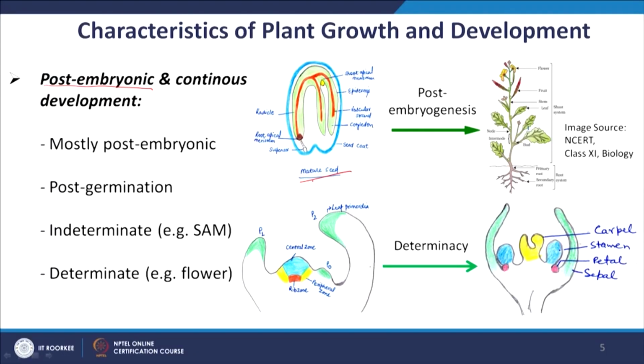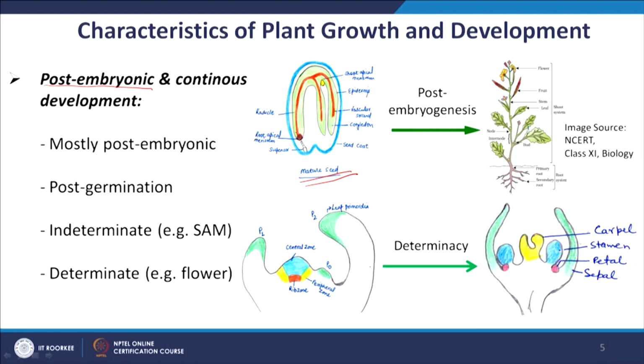This is in contrast with animals. In animals, most of the primary development is completed during the process of embryogenesis. Whereas in the mature seed which contains the embryo, not much development occurs.